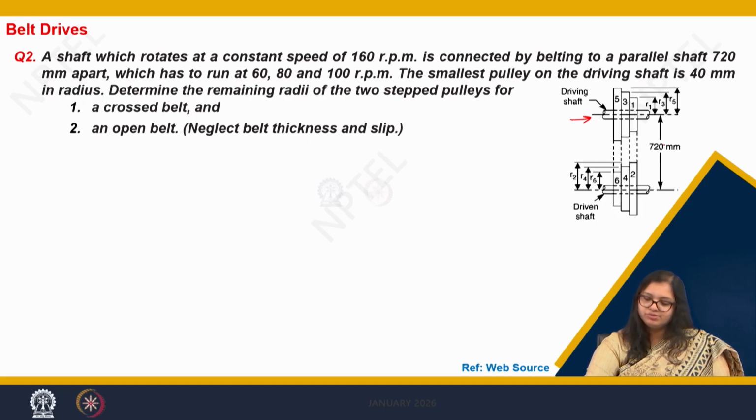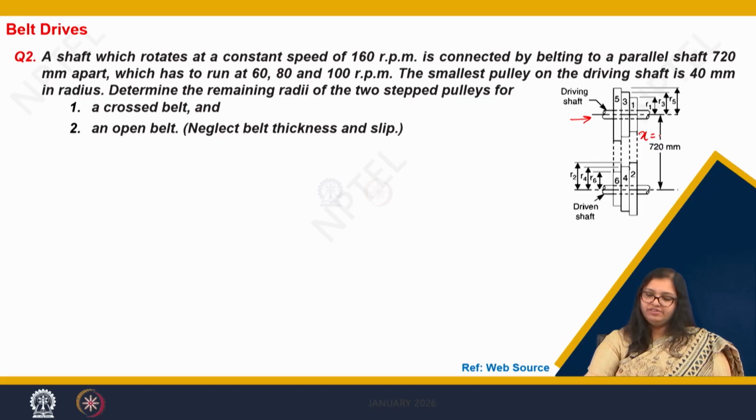So the distance between these two shafts is, let us take it as x, which has to run at 60, 80 and 100 RPM. So now we have 3 speeds with which my driven shaft would be rotating, that is 60, 80 and 100 RPM.